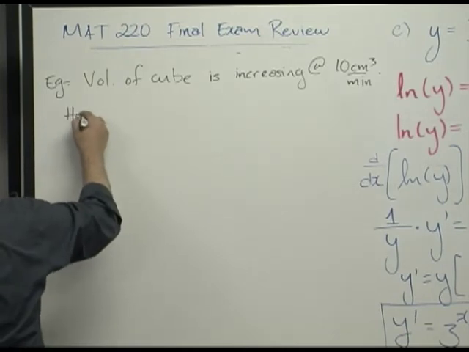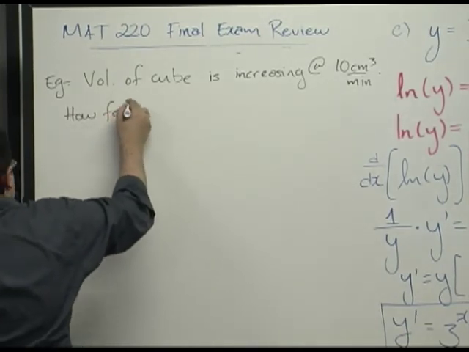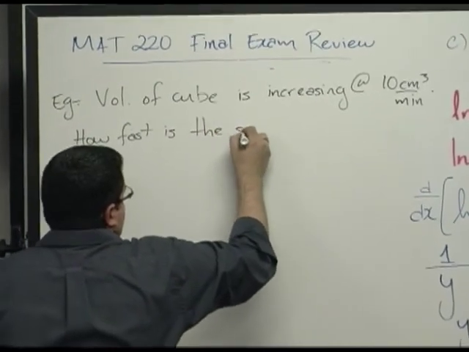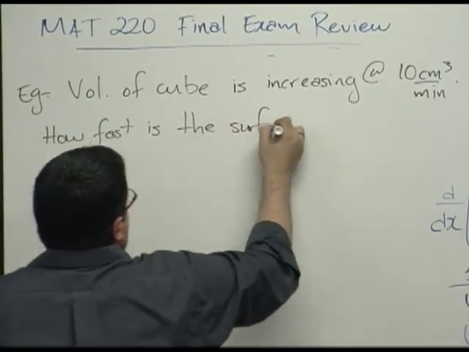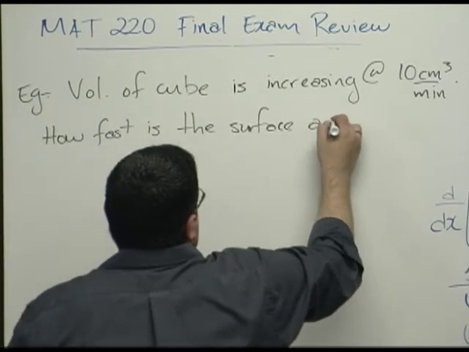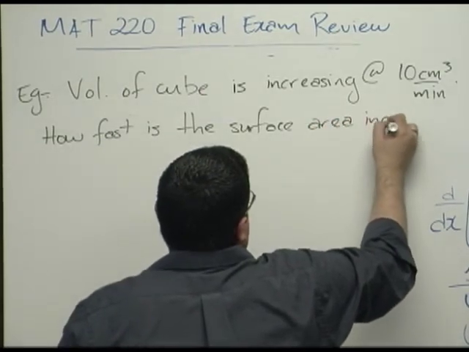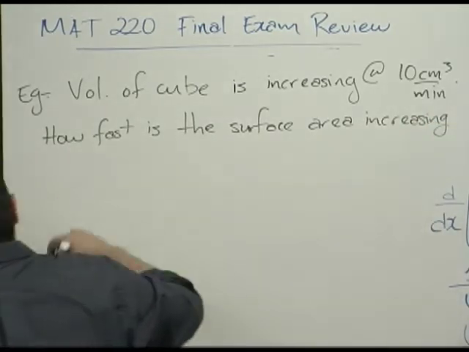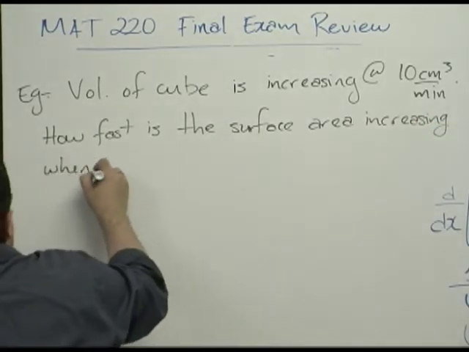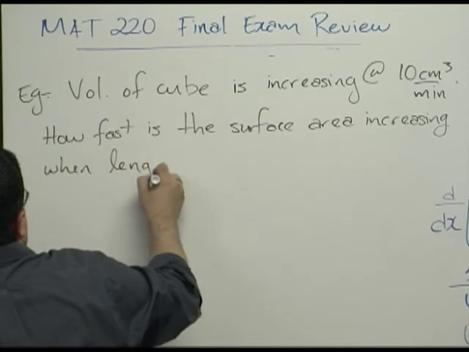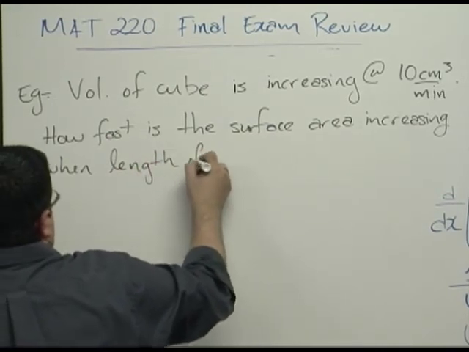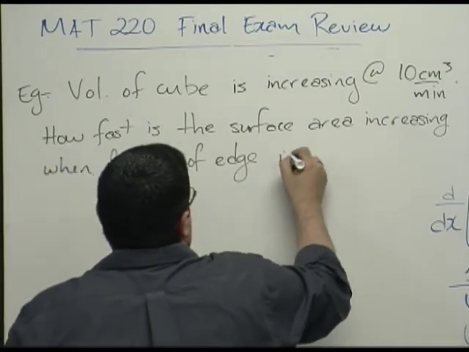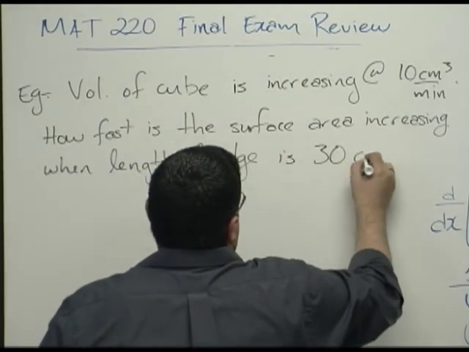How fast is the surface area increasing when the length of the edge is 30 centimeters?